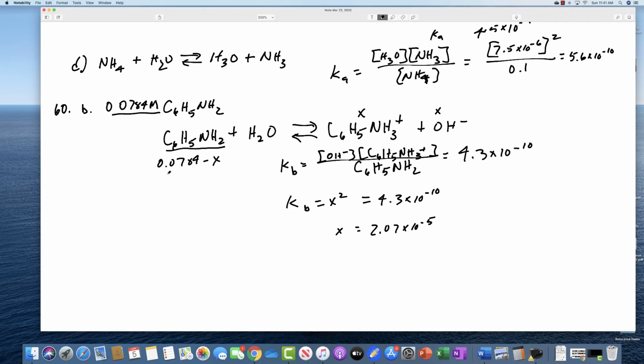So you really don't have to worry about that. So this is going to equal the OH ion concentration, and it's also going to equal the concentration of C6H5NH3 plus. Now the concentration of this is not going to change appreciably.